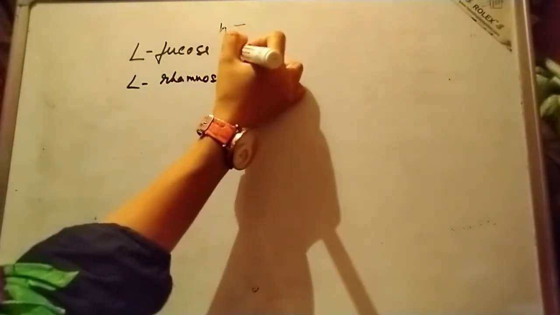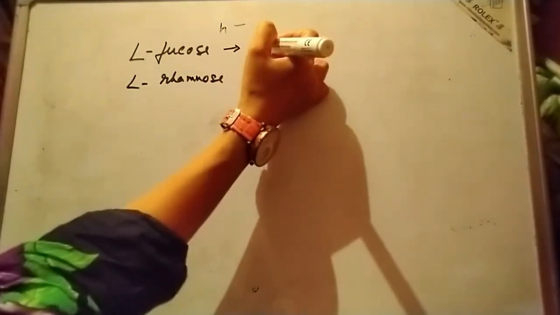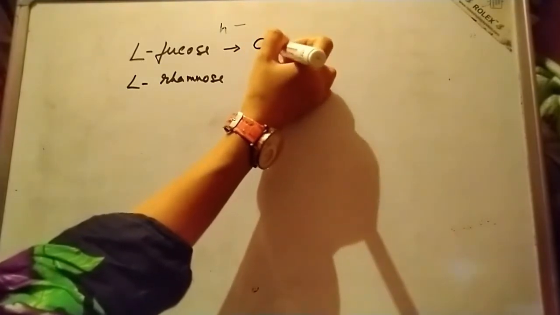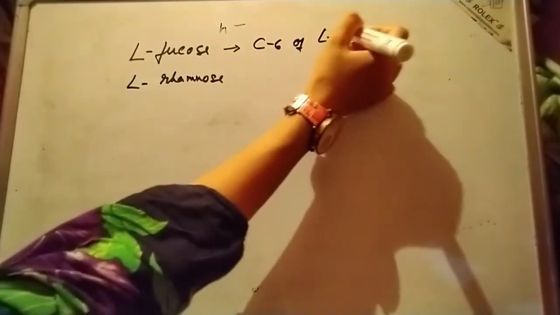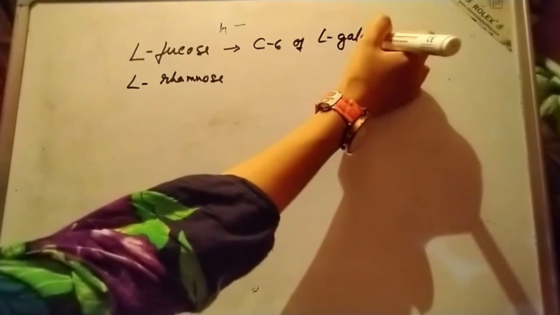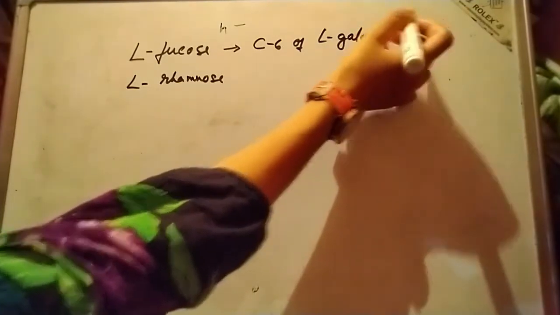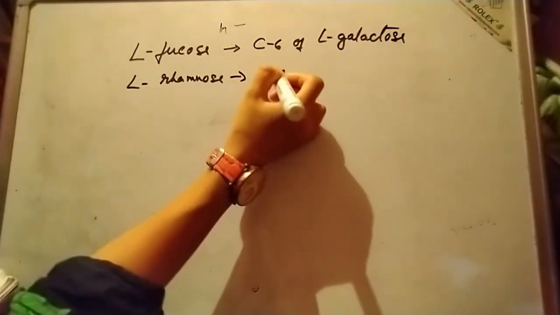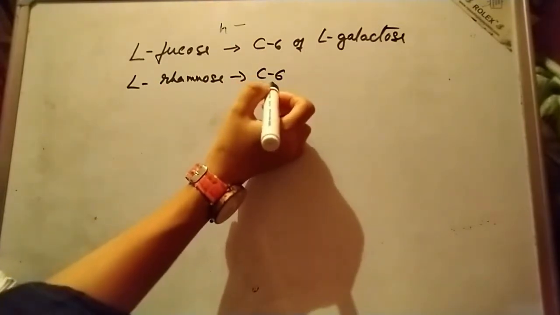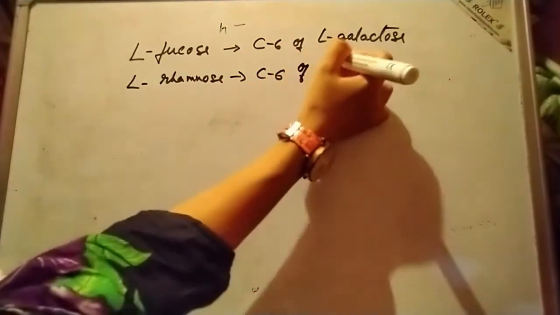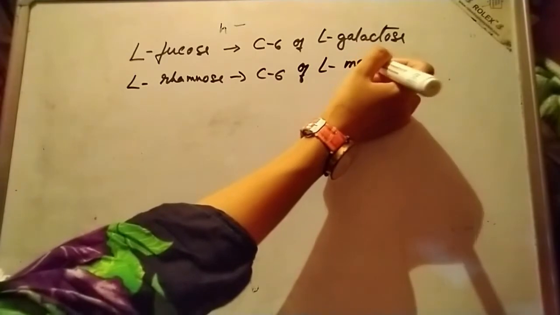L-fucose is formed due to the removal of the oxygen atom at carbon number 6 of L-galactose, and L-rhamnose is formed from the removal of the oxygen atom from carbon number 6 of L-mannose.